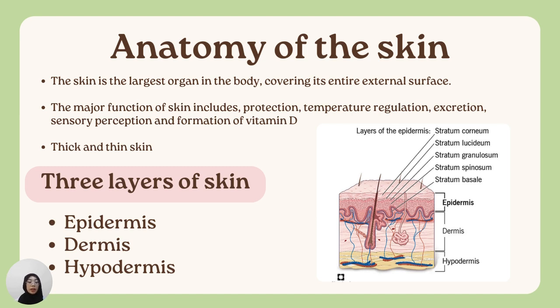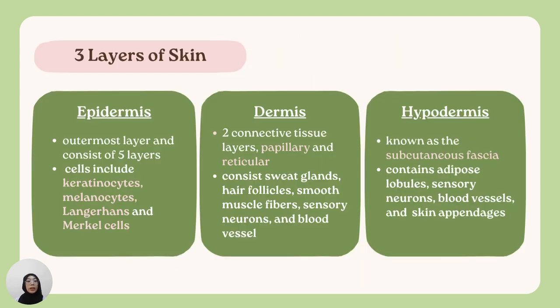So, the skin consists of three layers. We have the superficial layer, which is the epidermis, the middle layer, dermis, and the deep layer, hypodermis. The epidermis is our outermost layer and it consists of five layers. The bottom one is stratum basale, and as we go to the top, we have stratum spinosum, stratum granulosum, stratum lucidum, and stratum corneum.